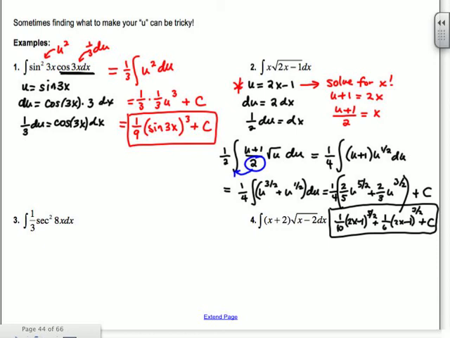So we replace x with that. The square root of 2x minus 1 is being replaced by the square root of u. dx is being replaced with 1/2 du. So now we have everything in terms of u. So it worked out.